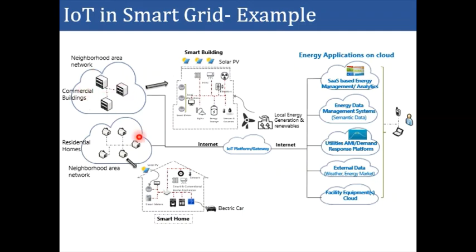Let's see a typical example of a smart home solution. In the smart home solution, we will see a home having various IoT devices, that may be smart appliances which are IoT devices, or the air conditioner, thermostat and so on.